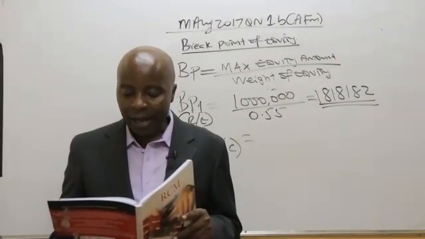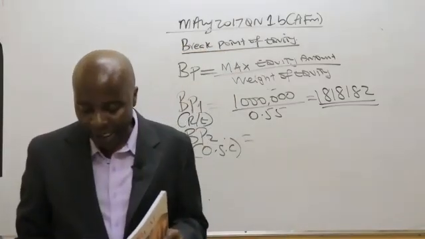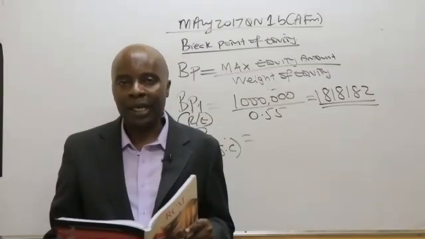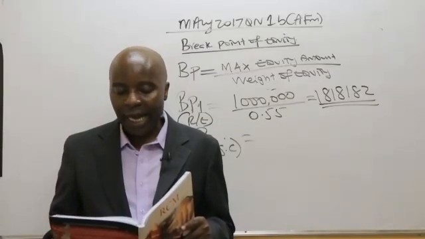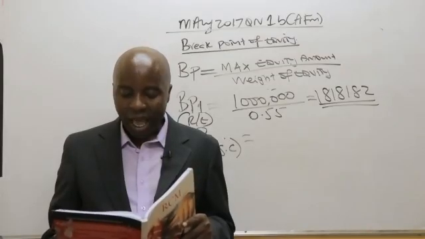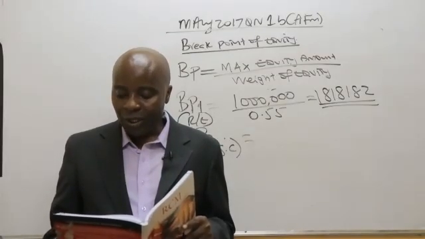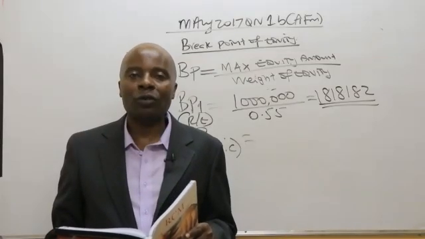We are told the company's corporate tax rate is 30%. The current market price of equity shares of the company is 22. The last dividend on equity shares was paid at 2.2. And the expected growth rate is 5%. New equity shares can be sold at a flotation cost of 10% of the issue price.